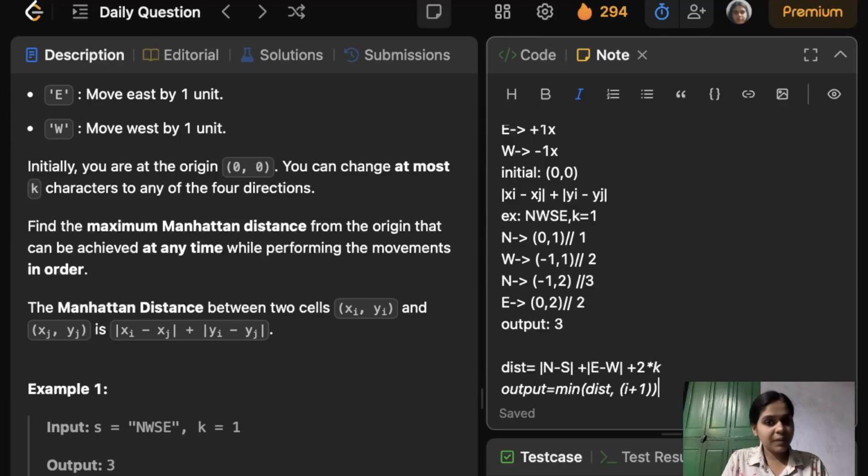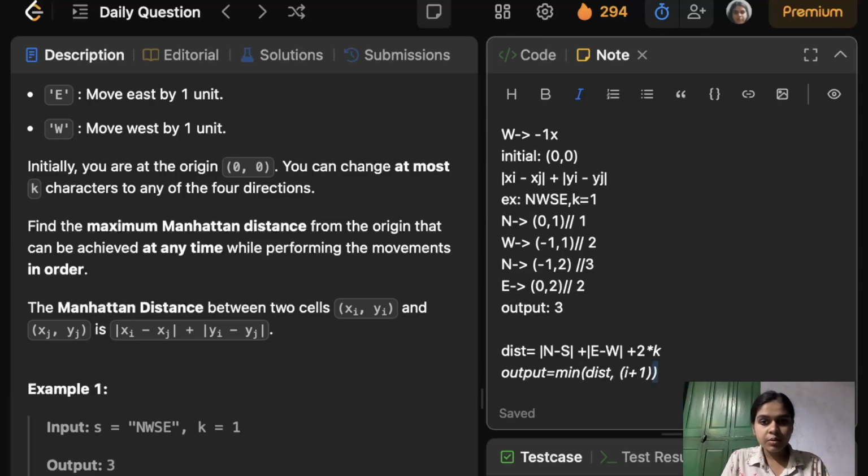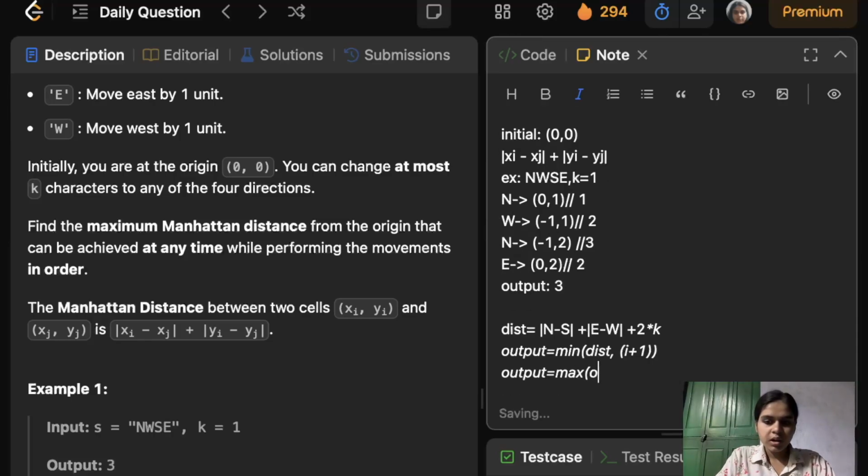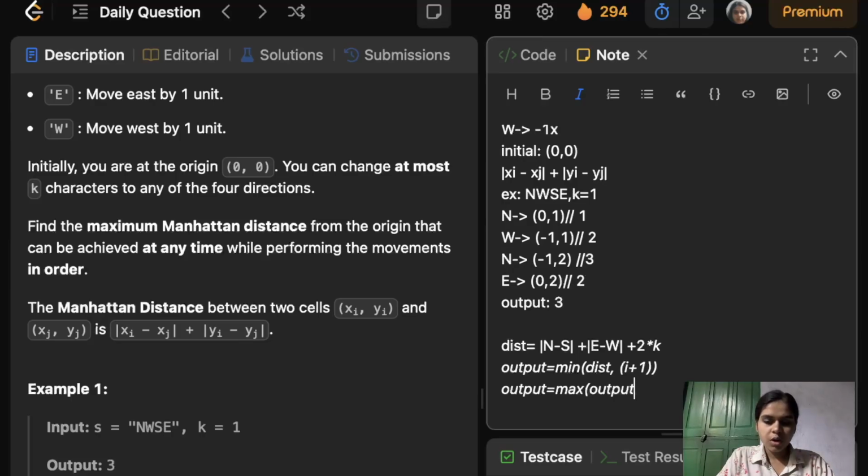So i plus 1 will be there, and in each case the output should be the maximum, right? So the output will be something like max of output, comma, minimum of distance, comma, i plus 1.